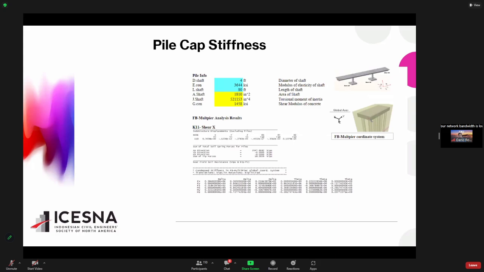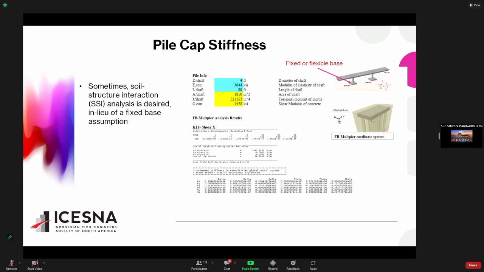Okay, so the other thing is, sometimes for the design of the pile, you have this bridge, and you have a pile cap or a single pile or pile group. In this case, it's a pile group. Sometimes soil structure interaction analysis is preferred in lieu of the fixed base.